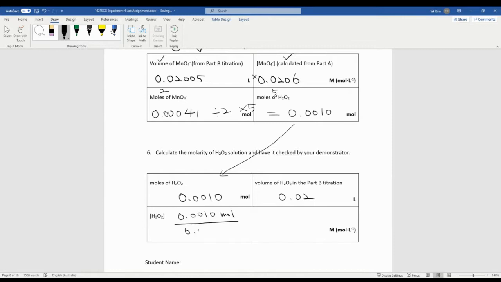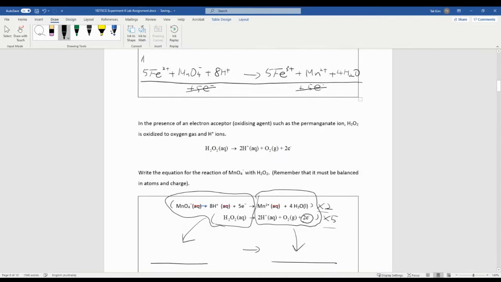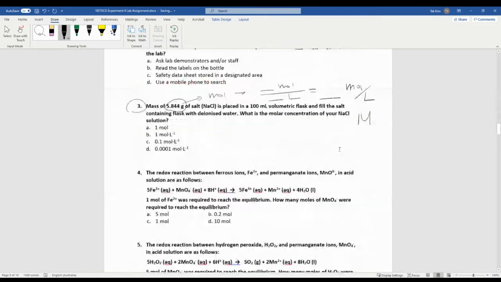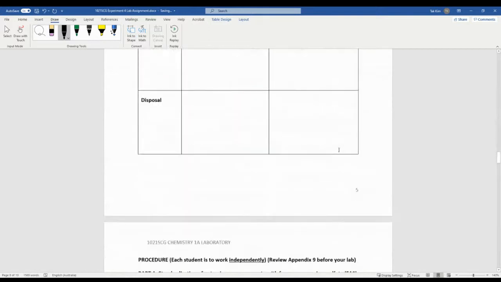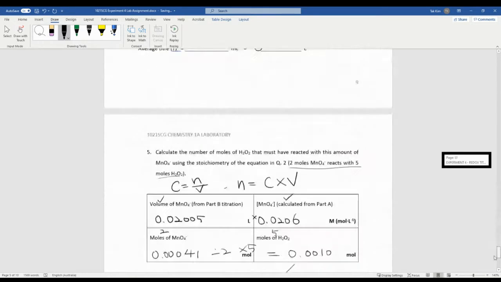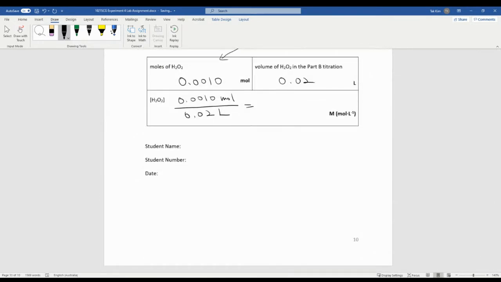Divided by the volume in liters. So let me just do, no, sorry. I need to put my question onto the computer calculator. My mistake. Right.